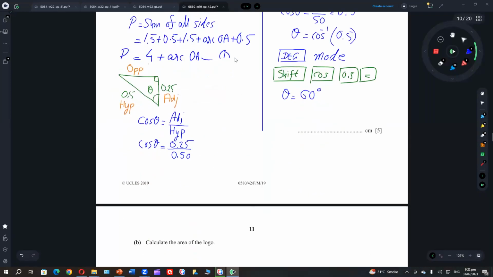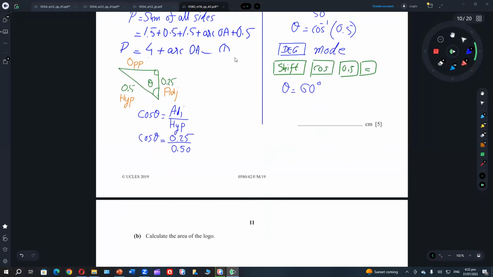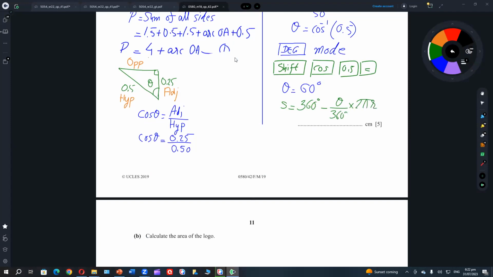So I got the angle theta as 60, and you already told me the formula for arc length. The symbol is S. So S is equal to (360 degree minus theta) upon 360 into 2 pi r.